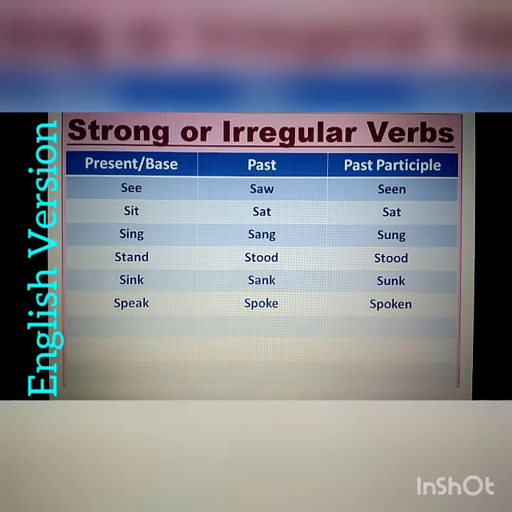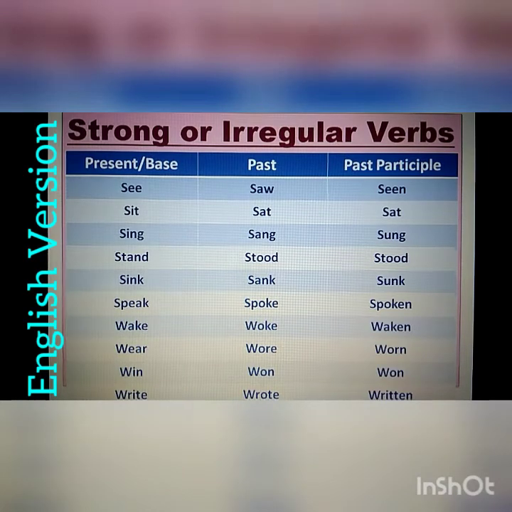In case of sit, i is converted into a to obtain its past and past participle forms. Similarly, see, saw, seen.